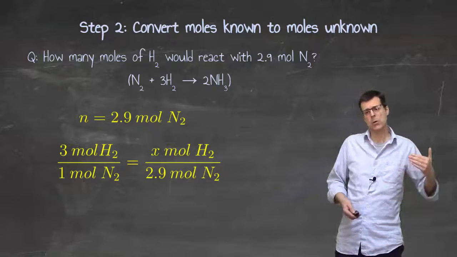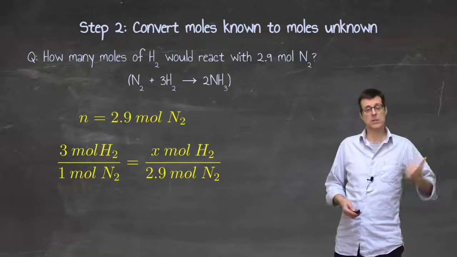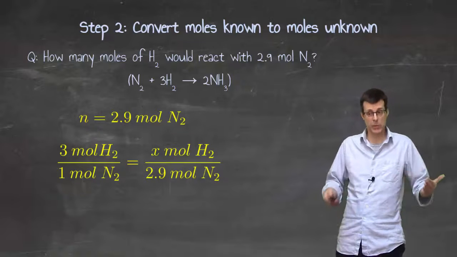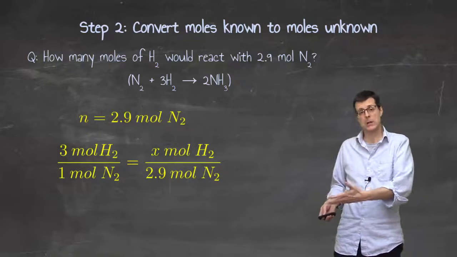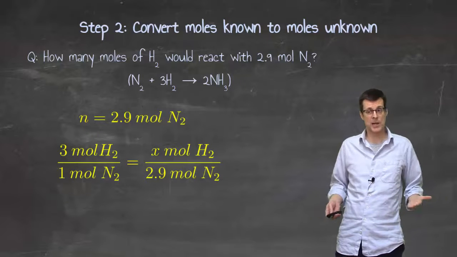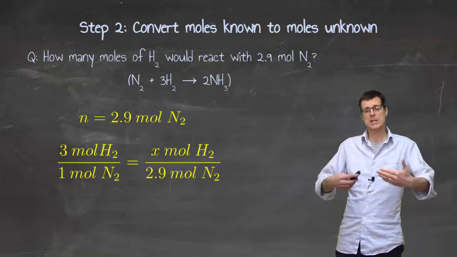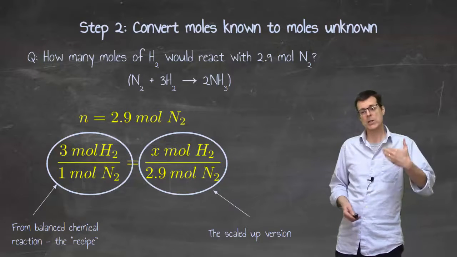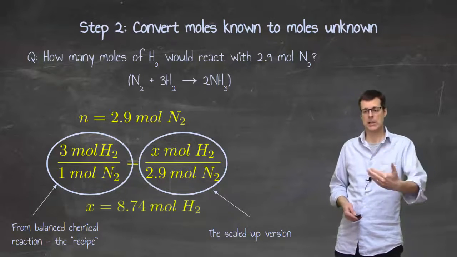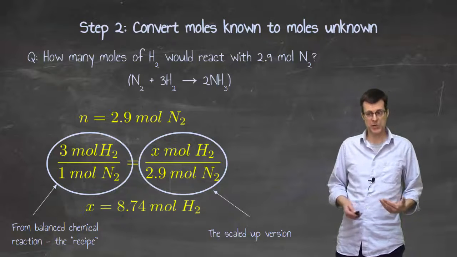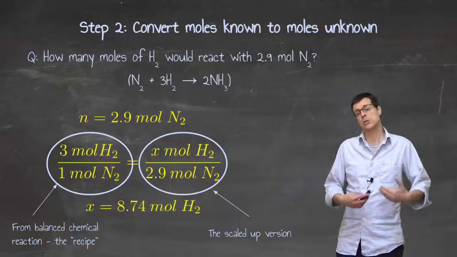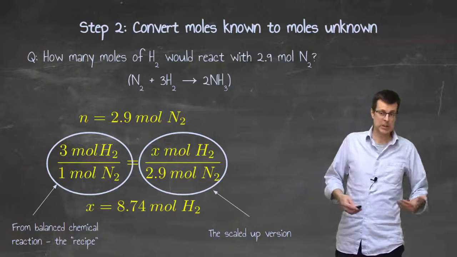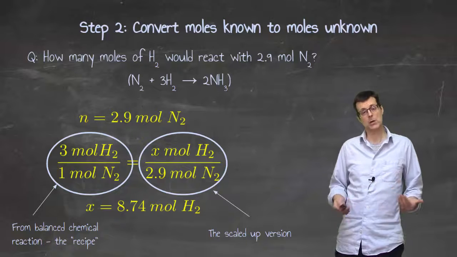Half of the ratio, in this case the left side, is the numbers that come from the balanced chemical equation, the recipe, and the other side is working with the parts that I have, the 2.9 moles, and scaling it for those new amounts. And when I do that, I get 8.74 moles of hydrogen. So if I want to use 2.9 moles of nitrogen, I'm going to need 8.74 moles of hydrogen.